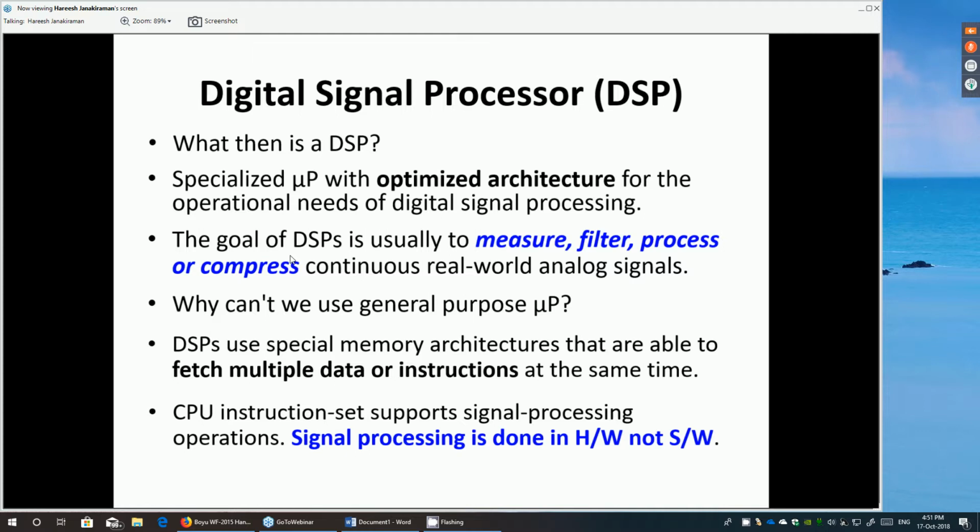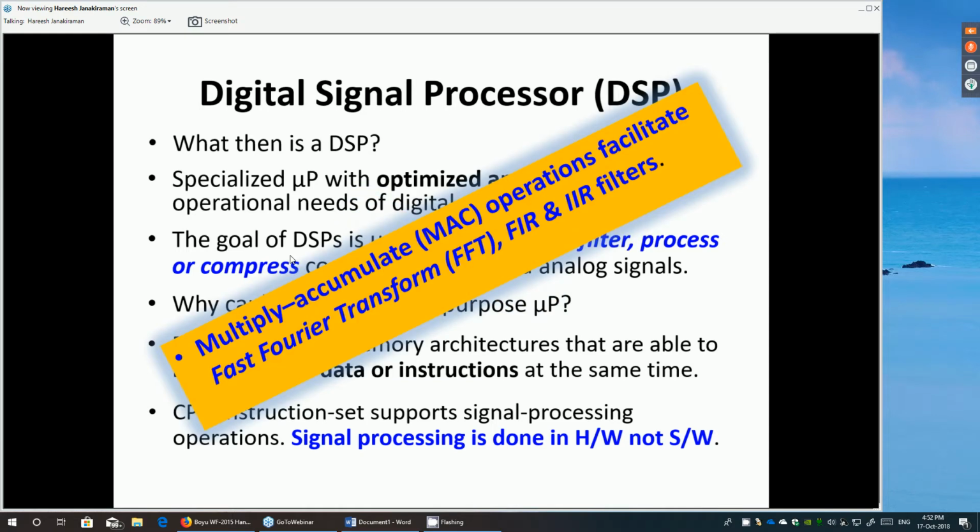Anything that is done in hardware can be done in real time, but anything done in software typically cannot be done in real time unless you're talking about a 1 gigahertz processor or 2 gigahertz processor or a processor with multi-core and so on. Okay, so to sum it up, instructions like multiply and accumulate, which are very fundamental for fast Fourier transforms or FIR or IIR filters, these are implemented in hardware in digital signal processors.